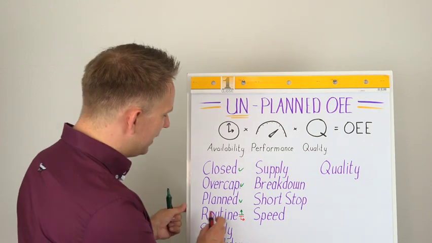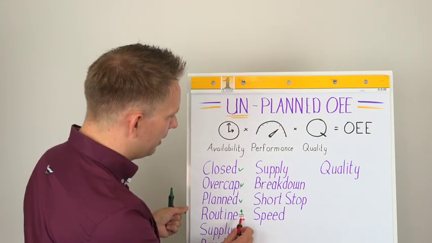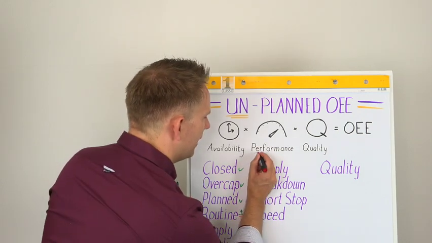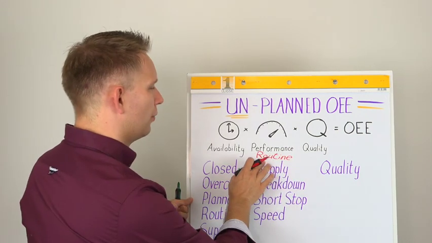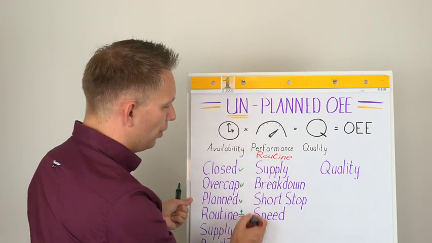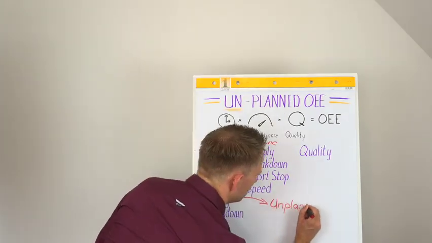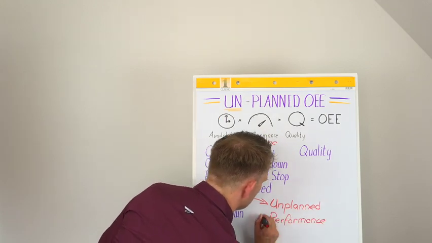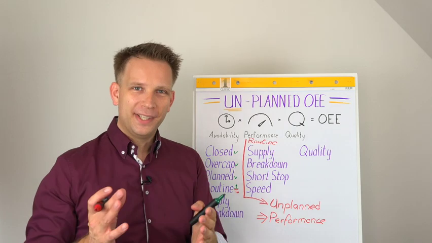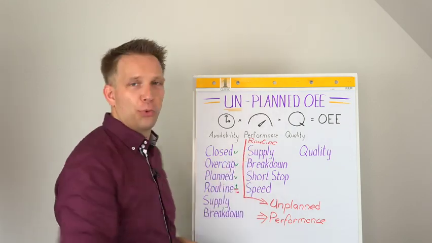So when we take part of our routine and also our supply and breakdown, so let's add a little bit, the routine setups, not the big cleanings, and this whole list, we have all of our unplanned things. So for the planners, this is performance.